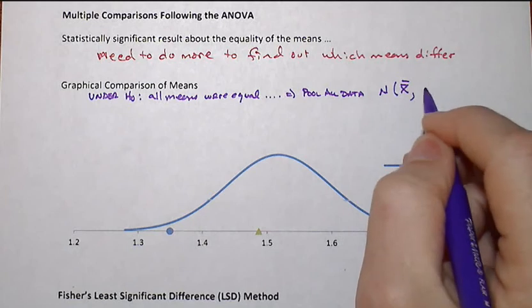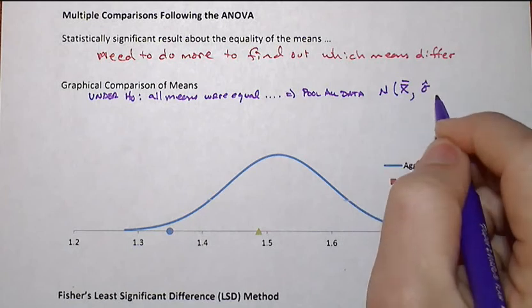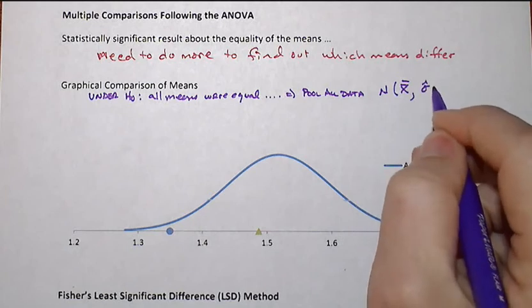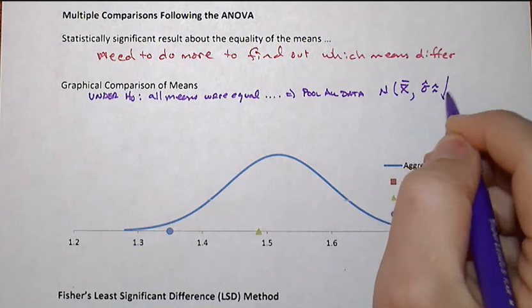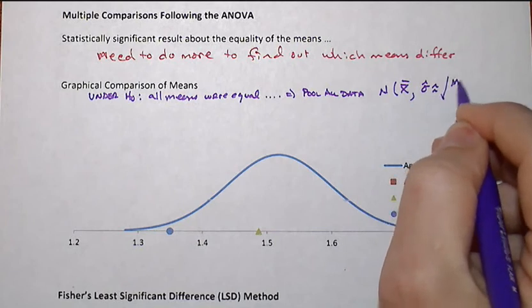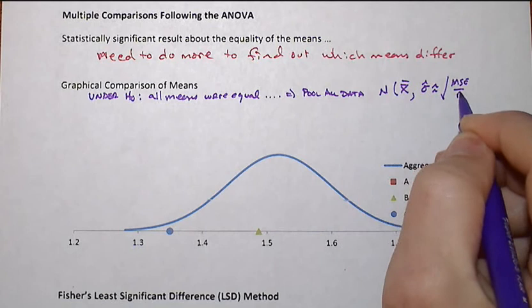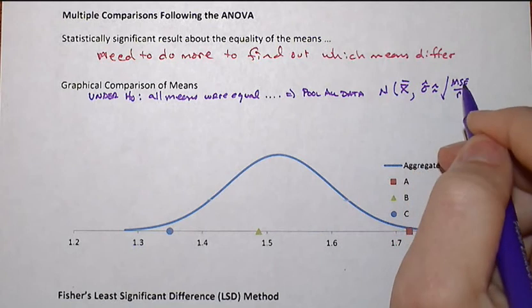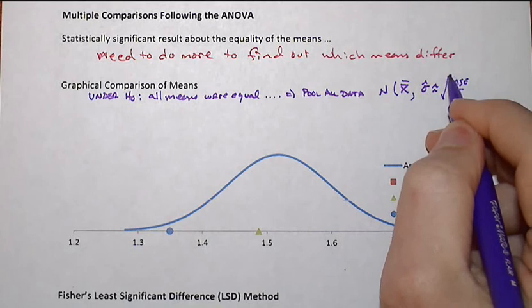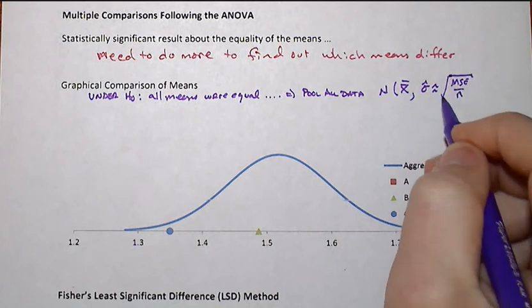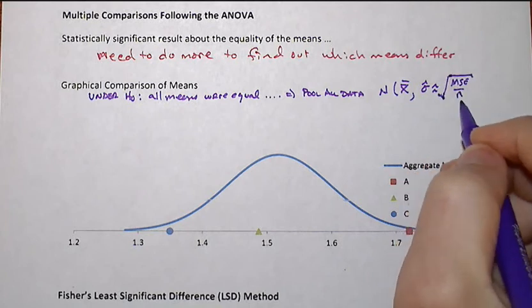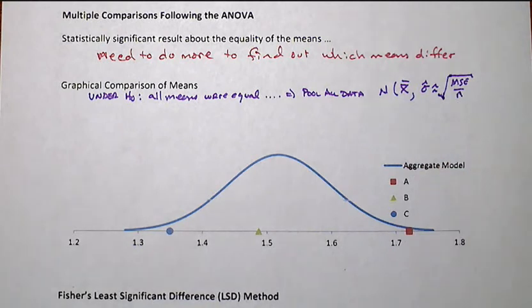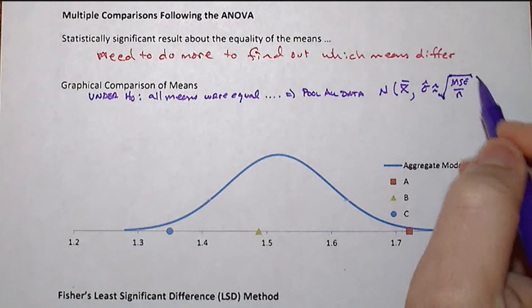And our estimate of our population standard deviation can then be given to us by the mean squared error divided by n, where n here is assuming that each subgroup has the same number of samples in it.